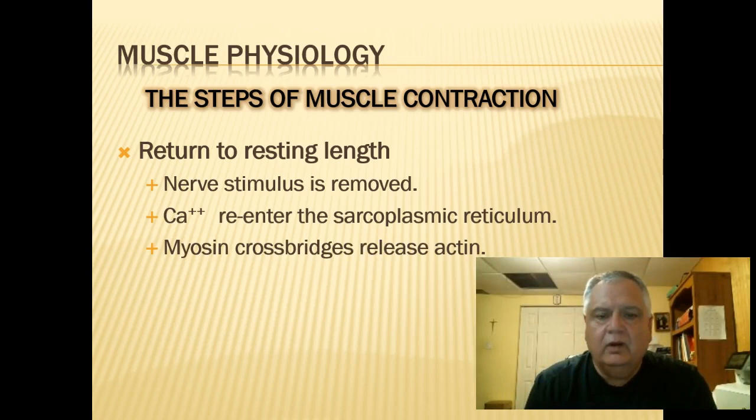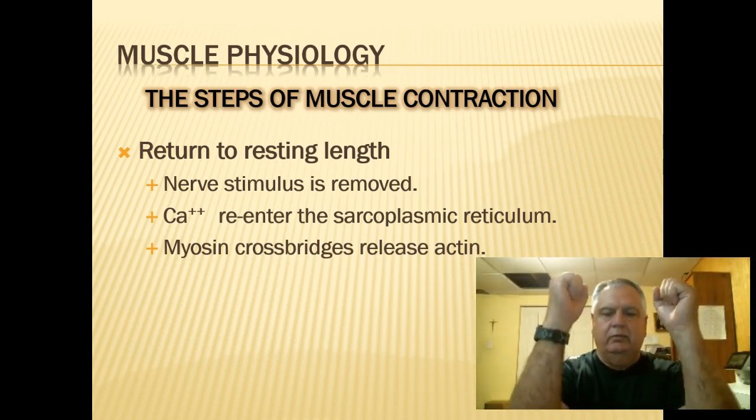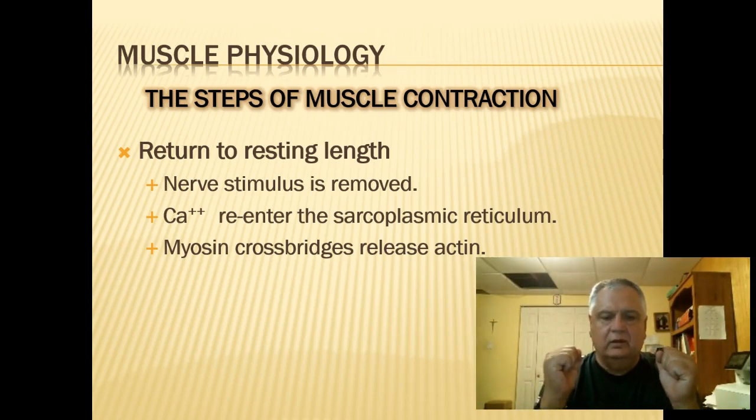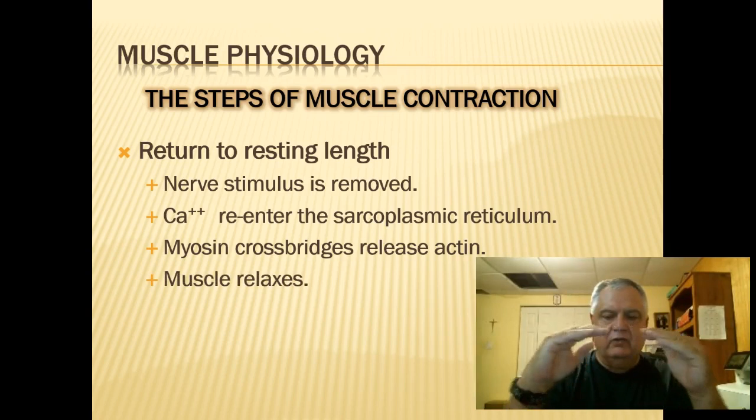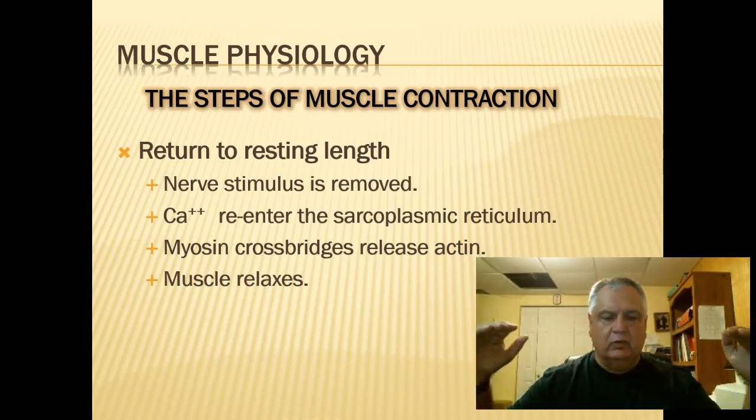As a result, the myosin cross bridges will release the actin, so they'll drop down off of the actin, and the actin will now slide back out to its original resting position. The sarcomere will lengthen, the muscle fibers will lengthen, and the muscle will relax.